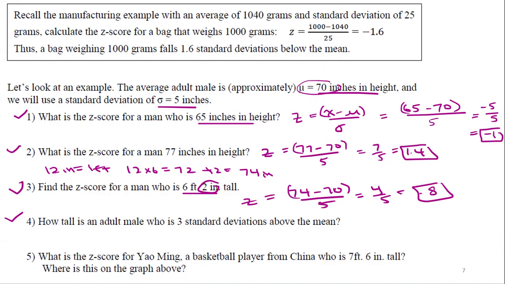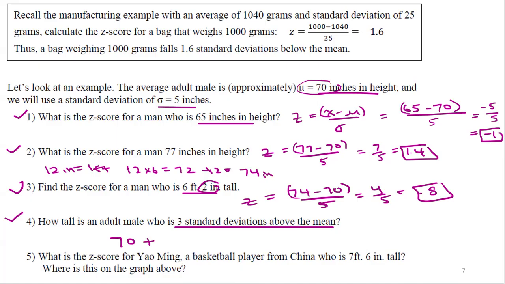Number 4 is, how tall is an adult who is 3 standard deviations above the mean? So remember, we're starting at 70 inches, that's the average height. We want to go 3 standard deviations above, so we use a standard deviation of 5 inches.